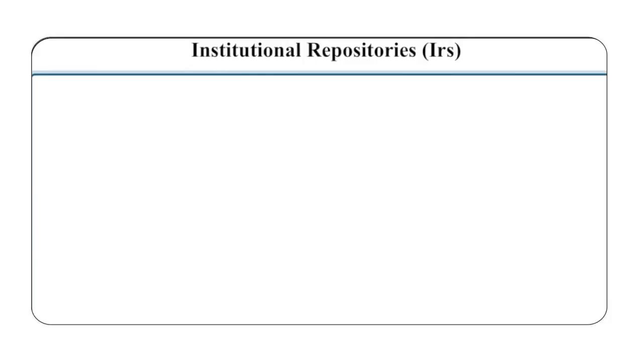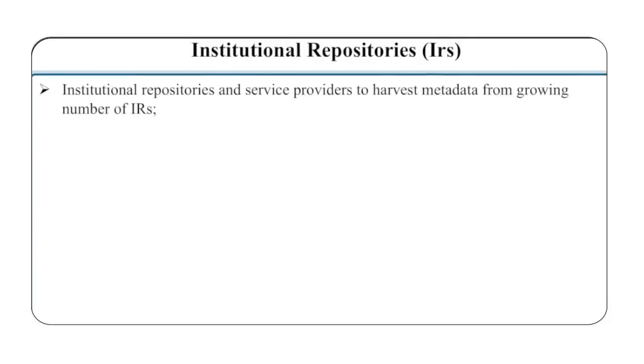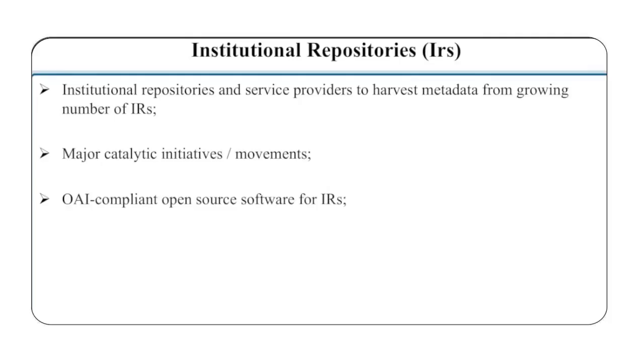Major milestones in the history of institutional repositories can broadly be categorized into four major subheads, namely: number 1, institutional repositories and service providers to harvest metadata from growing number of IRs; number 2, major catalytic initiatives or movements; number 3, OAI compliant open source software for IRs; and number 4, publishers' response to IRs.